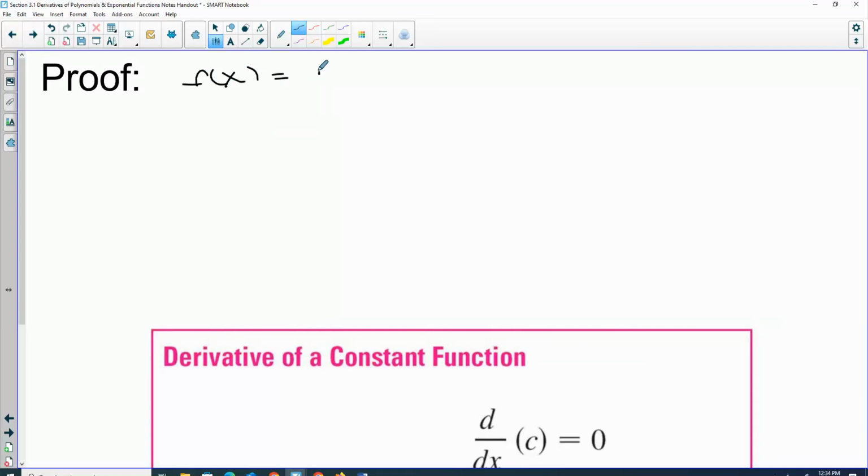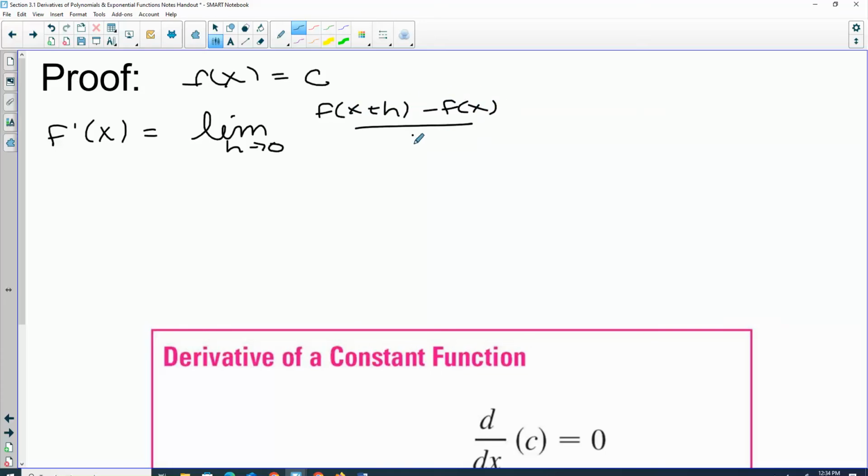is equal to a constant, then the definition of derivative is the limit as h approaches 0 of f of x plus h minus f of x, all over h. That's what we've been doing. What is f of x plus h? So that means you go to your function, you replace the x with x plus h.